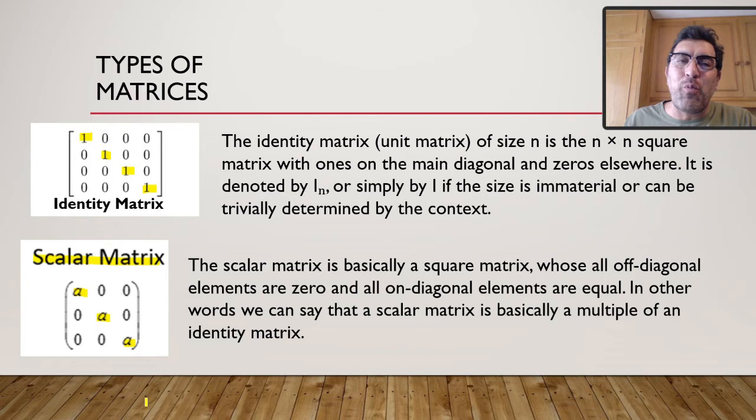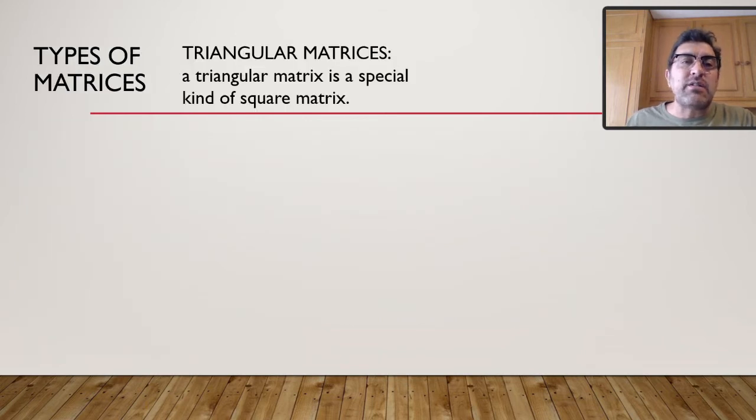An identity matrix has all the elements on the main diagonal being the same, and they are 1. Okay, so we're still looking at the types of matrices, and we're looking now at the triangular matrix. It's a special kind of matrix which is going to become very important in our future calculations with matrices.